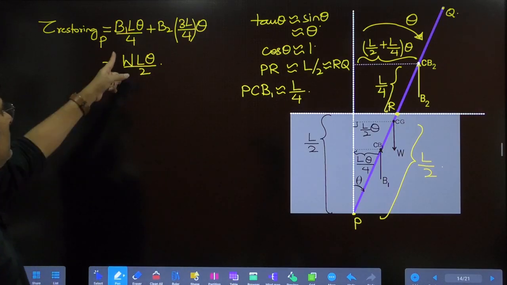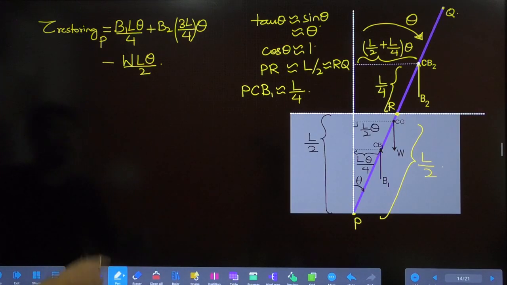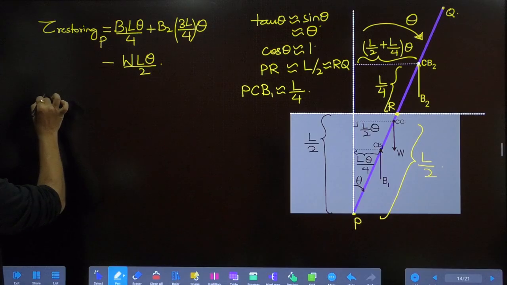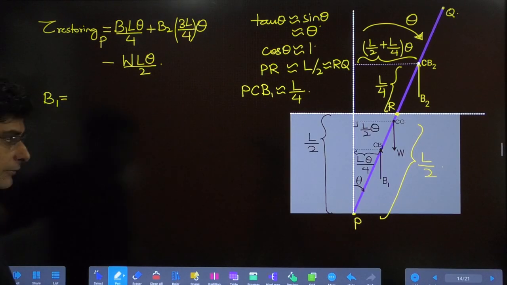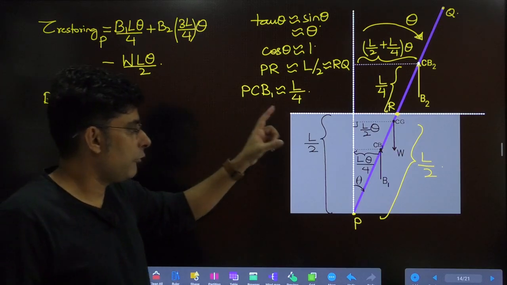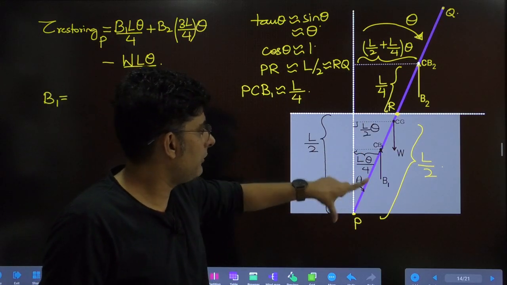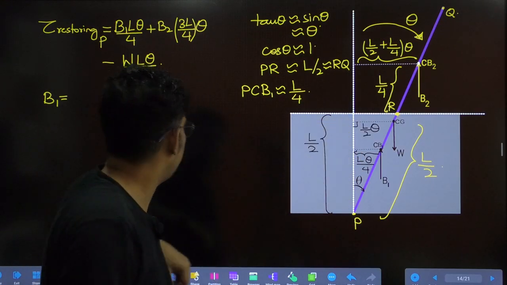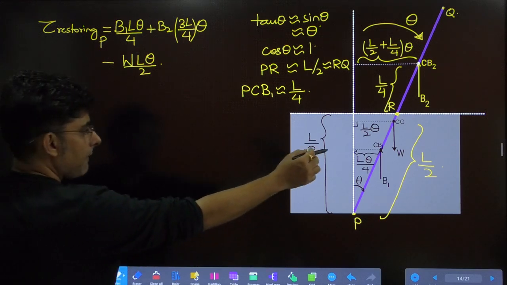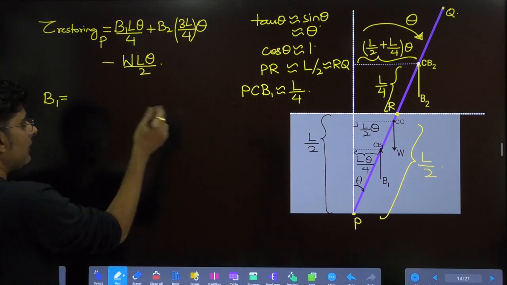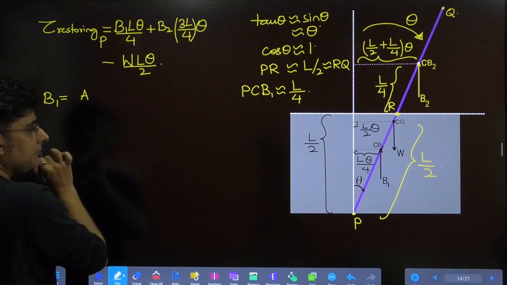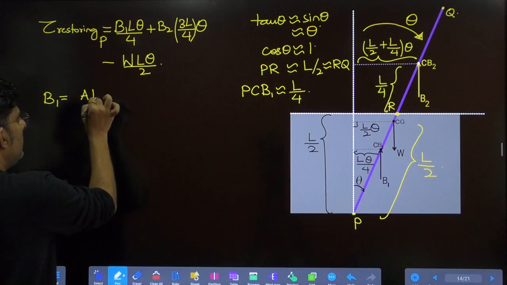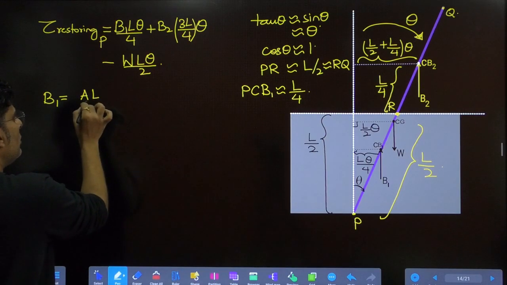So from there we can find the time period of SHM. Let's see. Here, what is B1, B2 and all, if we substitute. B1 is the volume of the rod inside the first liquid, which is how much? Area of cross section of the rod is suppose A, length in the first liquid is L by 2.